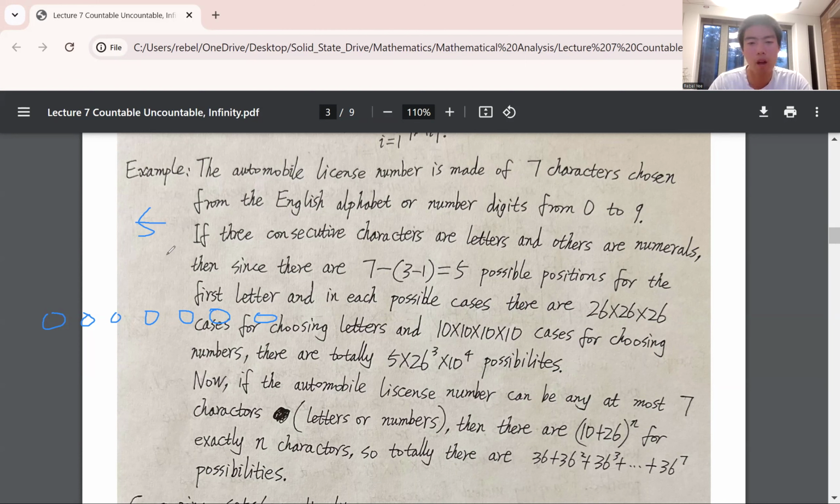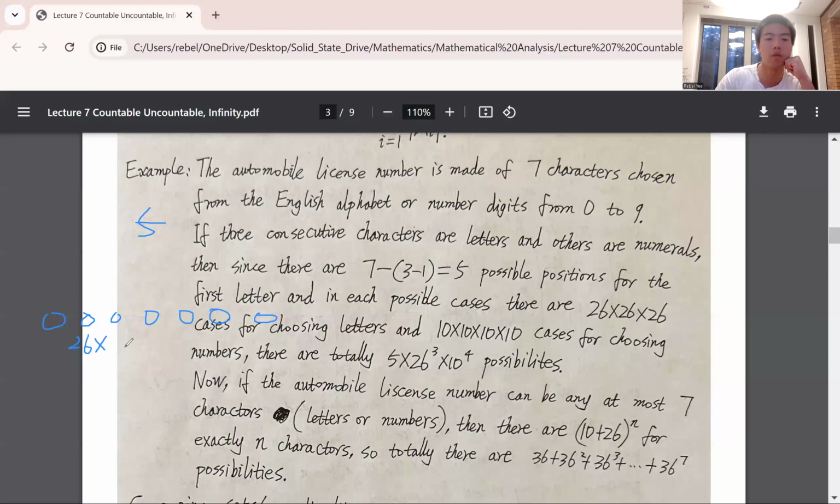Okay, and how many possible cases for each of these conditions? Because there are 3 letters, the first is 26. It can repeat, because like the number 911 has two 1s, so it doesn't matter if it repeats or not.